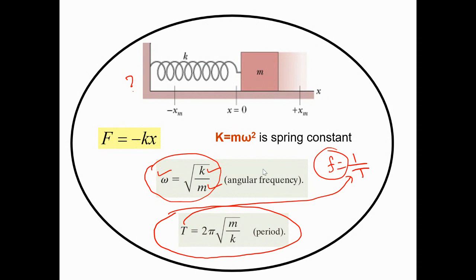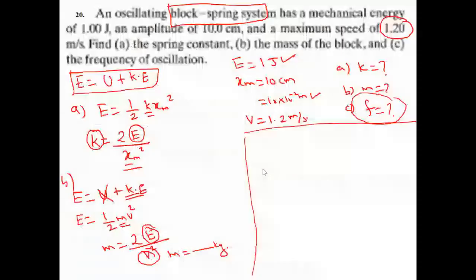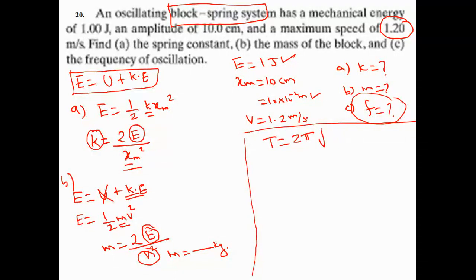So I can just use this formula. We already know the formula for time period. T is equal to 2 pi square root of mass over K. Therefore, my frequency is equal to 1 over T, so I can substitute here.